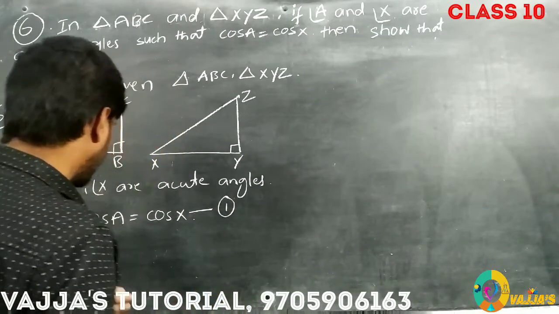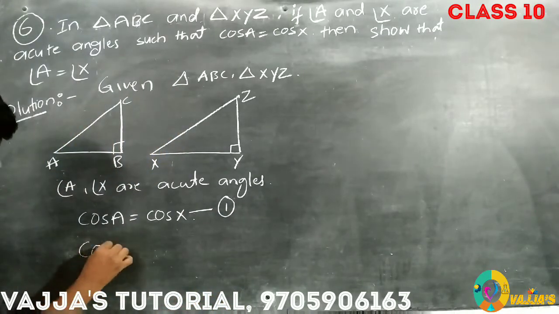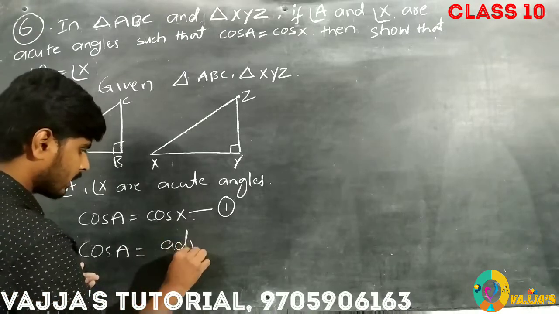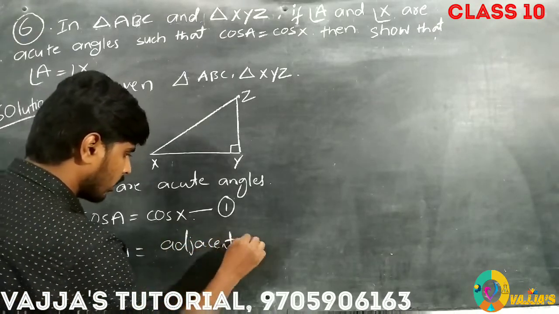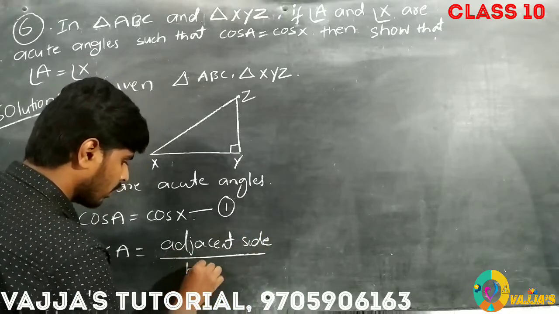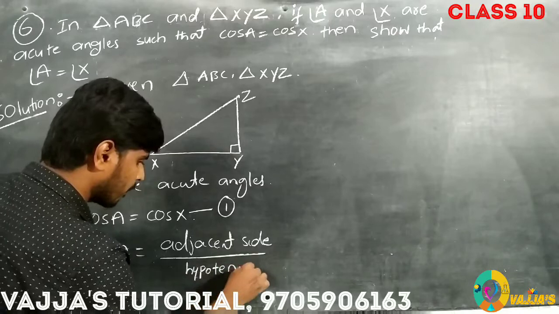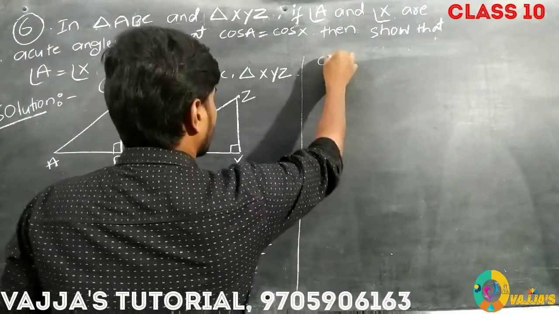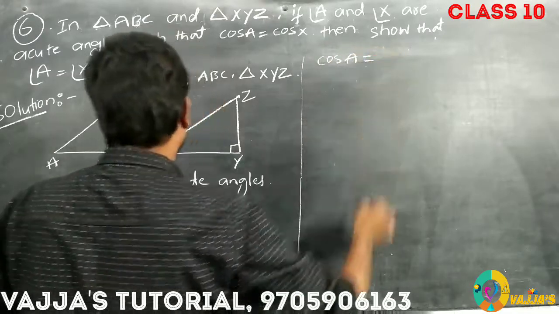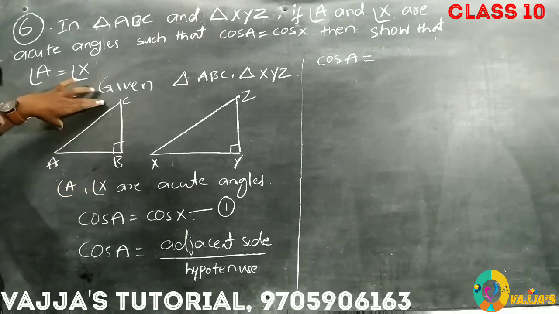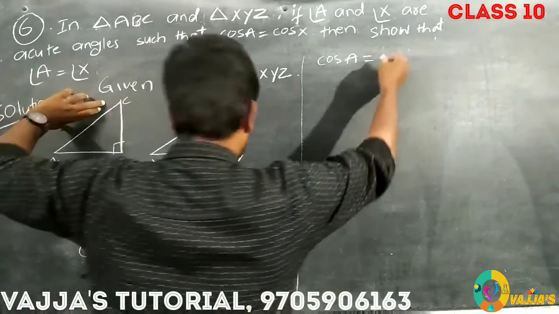So first of all we take the cos A ratio. What is the cos ratio? Adjacent side of angle A by hypotenuse. In triangle ABC, AB is the adjacent side and AC is the hypotenuse.